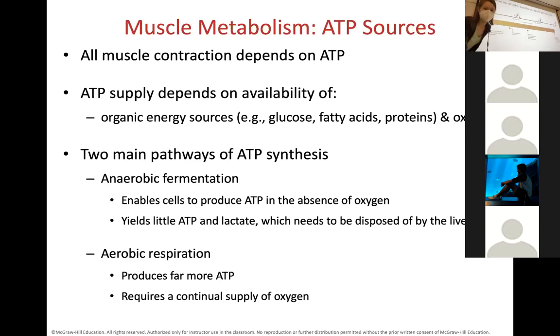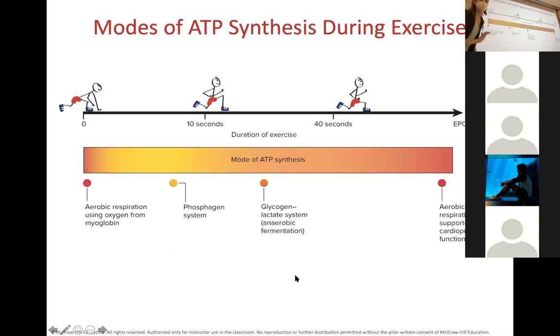So here's just a simple diagram of the process and the different stages of ATP synthesis during exercise. I'll give additional details on the next slides for each of these stages. We start out with aerobic respiration, move into something called the phosphagen system, and then right after that into anaerobic respiration or fermentation.